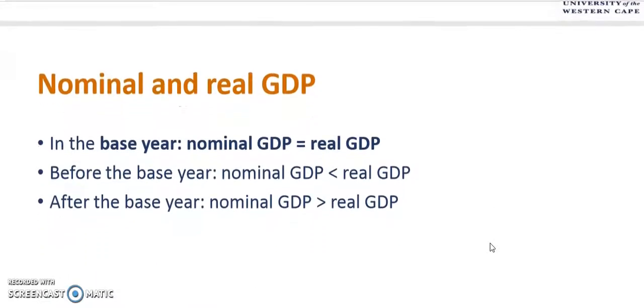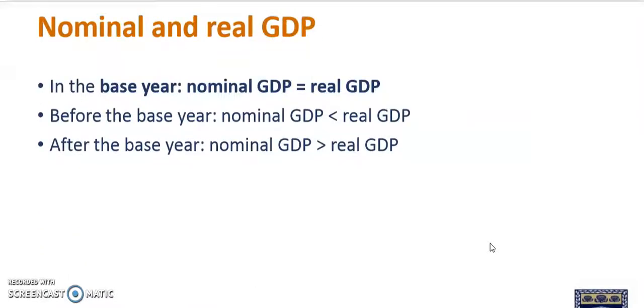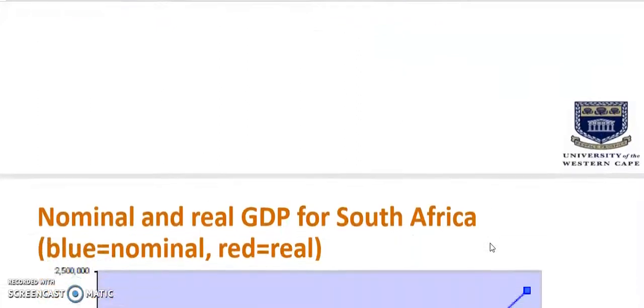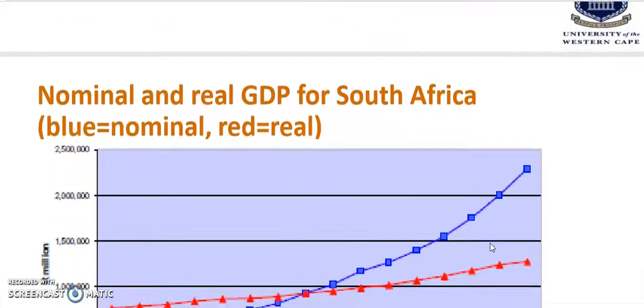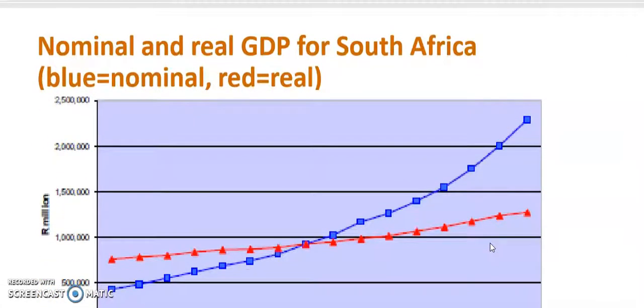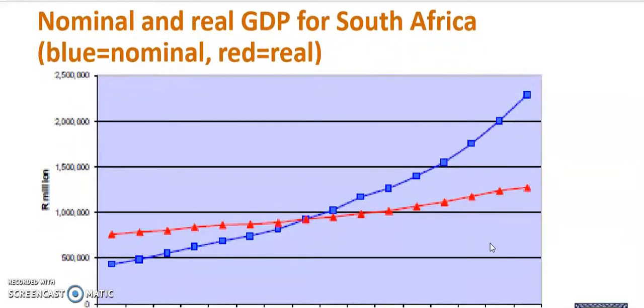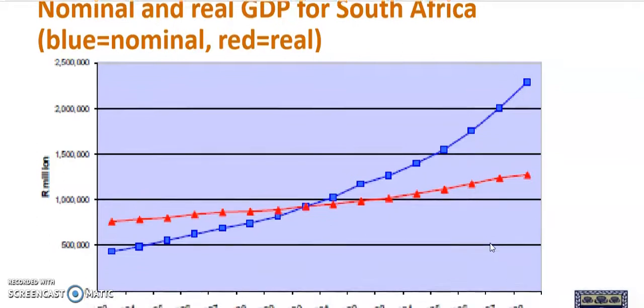Nominal GDP and real GDP. In the base year, nominal GDP is equivalent to real GDP, but before the base year, nominal GDP is less than real GDP, and after the base year, nominal GDP is greater than real GDP. This graph shows the nominal and real GDP for South Africa, where the blue line is nominal GDP and the red line represents real GDP.